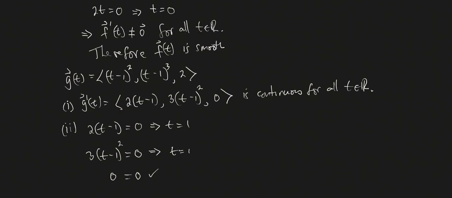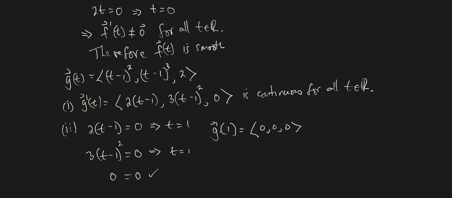So at t equals 1, my g vector function would not be smooth, right? Because what this is saying is, if you were to take my derivative vector and evaluate it at 1, look at what you would get. You'd get 0, 0, 0. So you'd get the 0 vector.